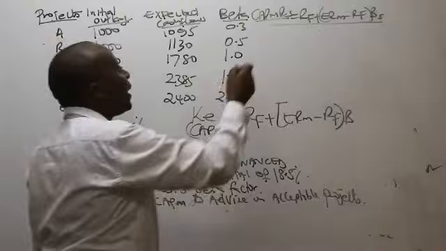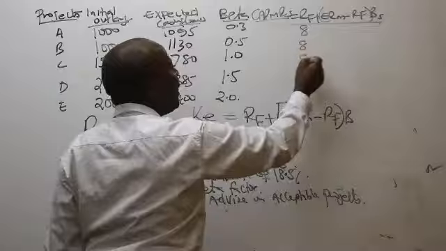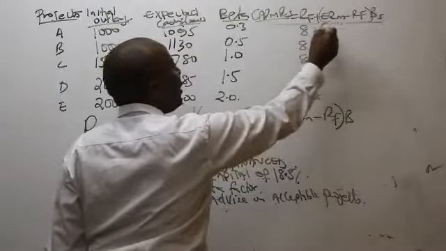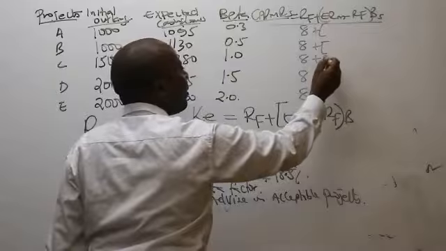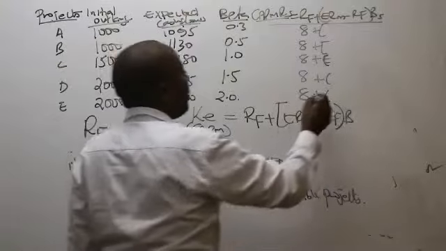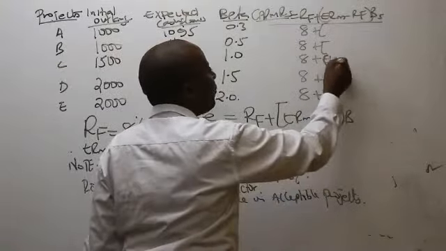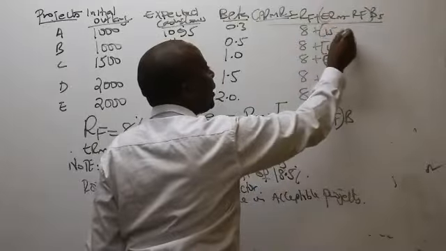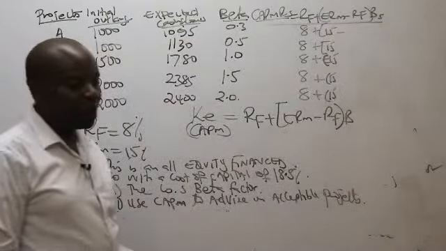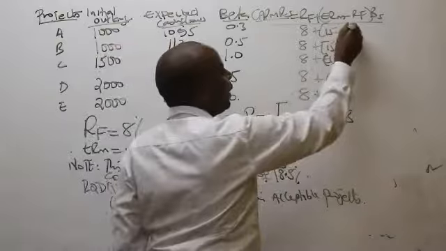Risk-free, you told me, is 8. So I'll take 8 plus ERM, and the ERM, you gave me figures of 15, minus the risk-free. Risk-free is 8.